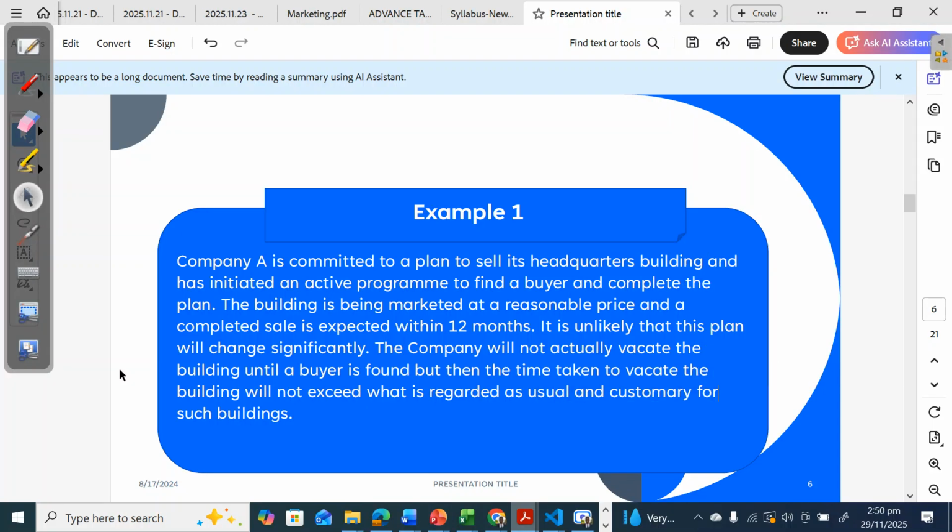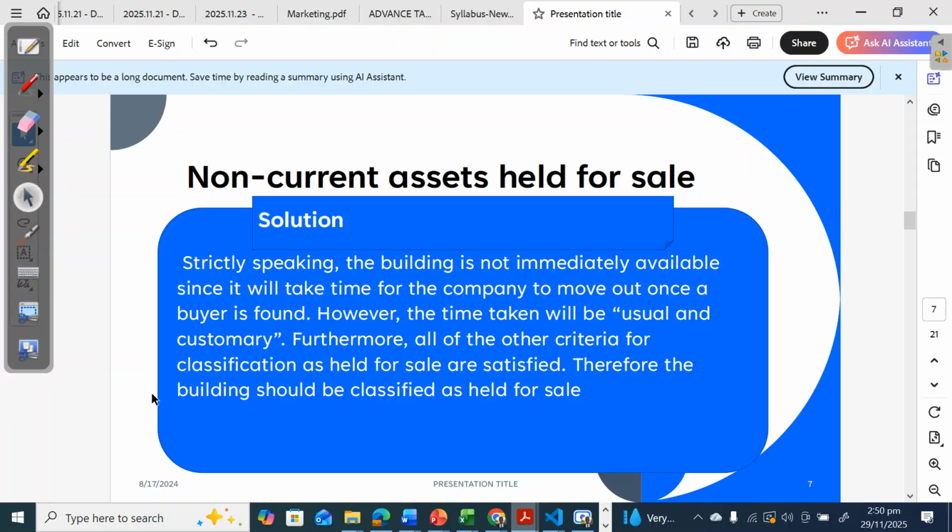So let's look at this example coming from the standard itself, and what the standard says on this issue. It says, strictly speaking, the building is not immediately available since it will take time for the company to move out once a buyer is found. So if we look at this strictly, we can say the building is not ready for sale.